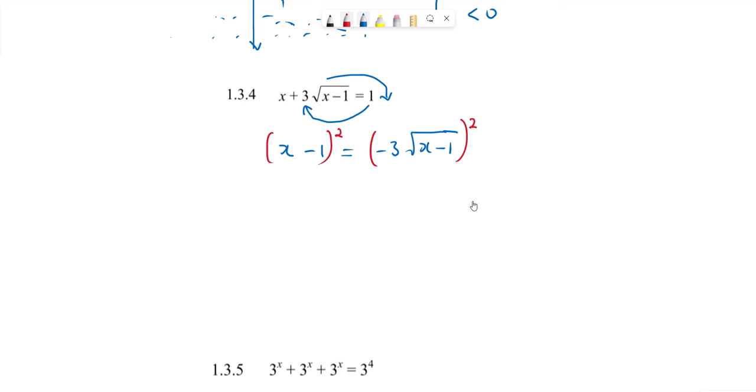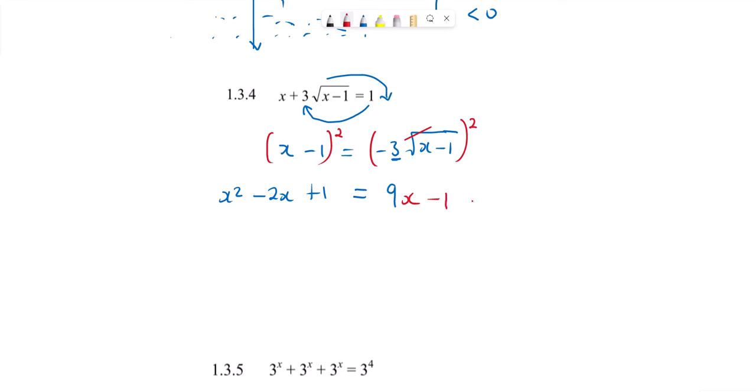But be careful, this is going to be x squared minus 2x plus 1. Why am I doing the brackets? Is the same as, what is negative 3 squared? Negative 3 squared is positive 9. As for here, we're simply going to remove this, but a lot of you are going to write it like this. Incorrect.